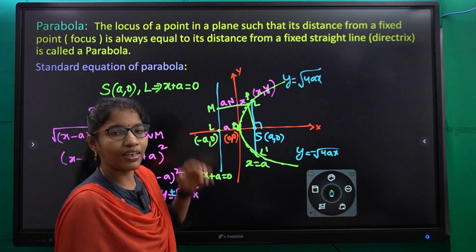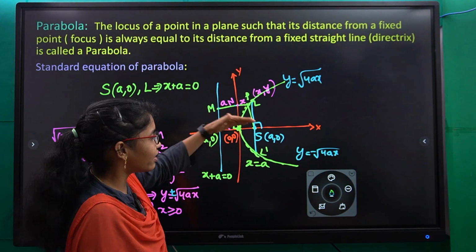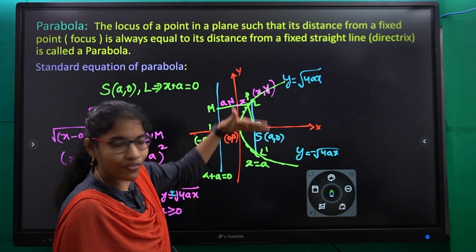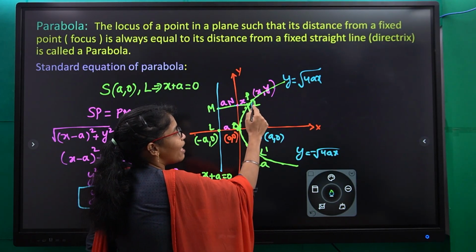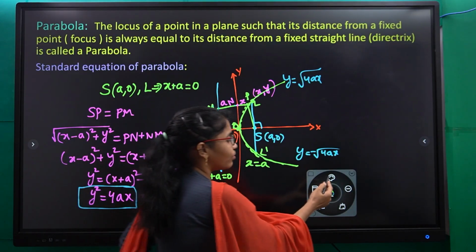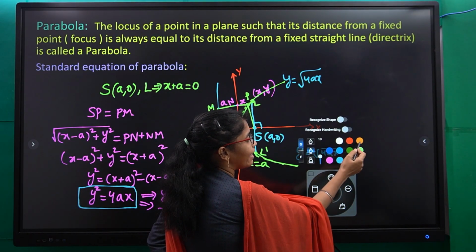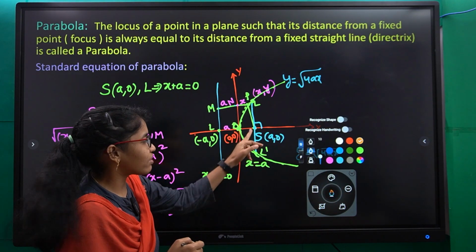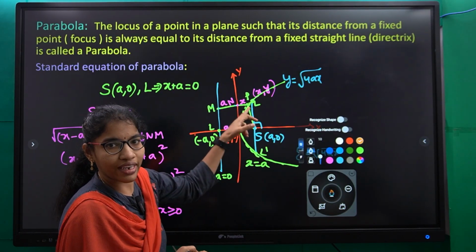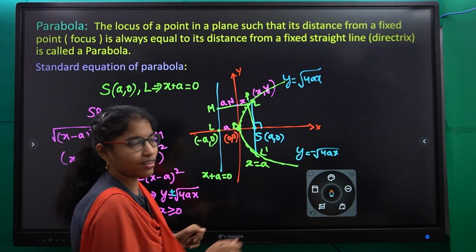So what is the length of the latus rectum? It is nothing but twice SL. So how can you get this point L here? What is the x coordinate, the abscissa value, of L? L passes through S, so it lies on the line x equals a. So can I say the x coordinate of L is a here? Yes.